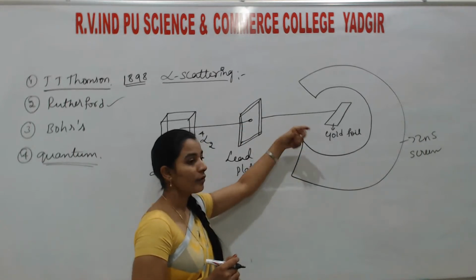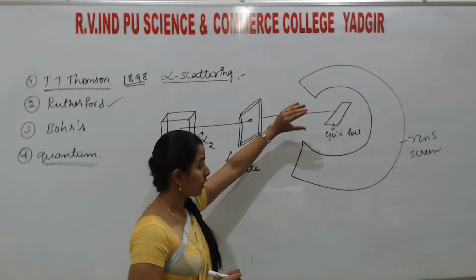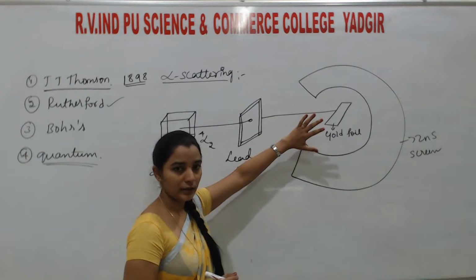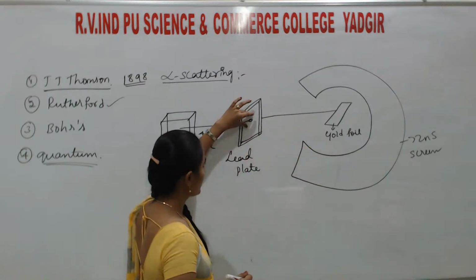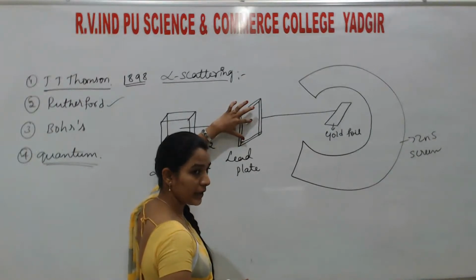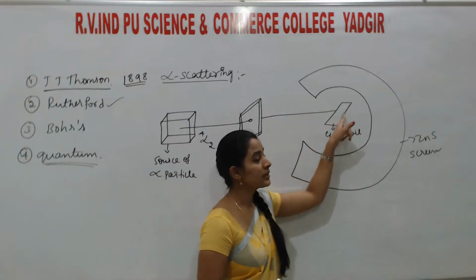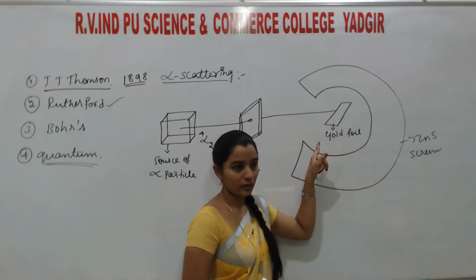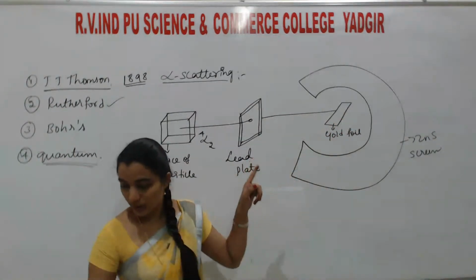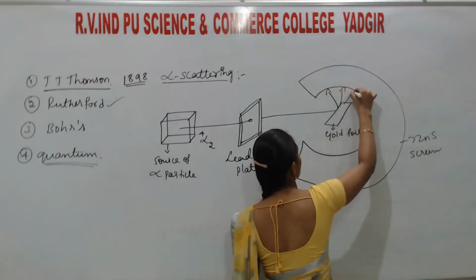We need to know which are divergent, which are going to be deflected, which are undeflected. So remember, a hole is made in the lead plate. The alpha particles pass through that hole and fall on this gold foil. When they fall on this gold foil, they diverge. Some diverge in this manner.